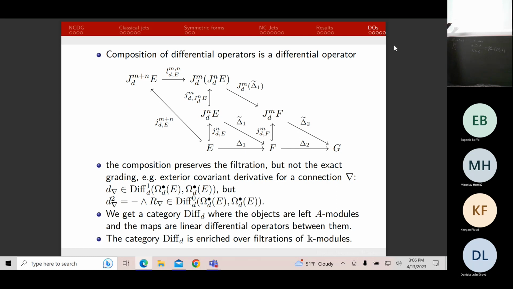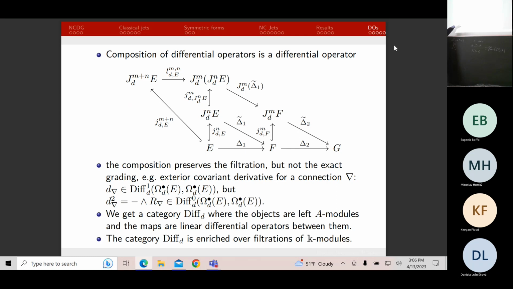The only missing ingredient is the top map, which turns out that we can not only forget the relation between the first two components, but we can really forget the information of relations at any other point. So the n plus m jet is embedded into the m jet of the n jet. Okay, so this gives us a multiplication, and it turns out this multiplication preserves the filtration, but not necessarily the grading.